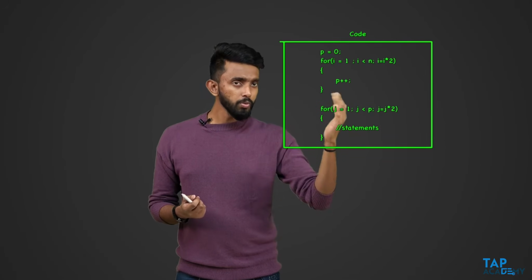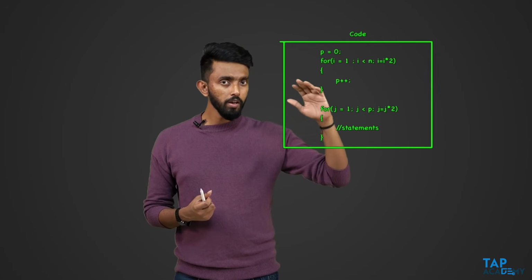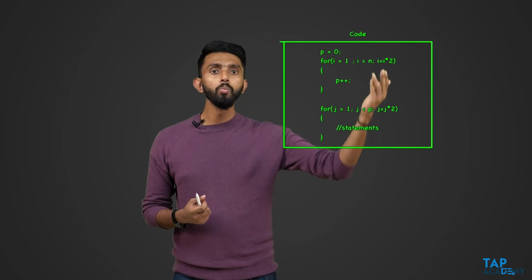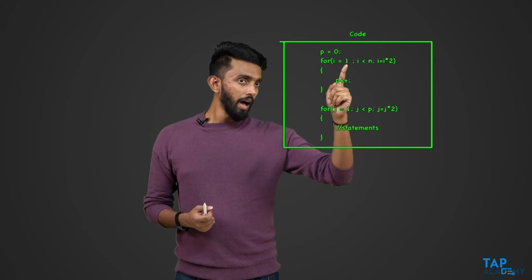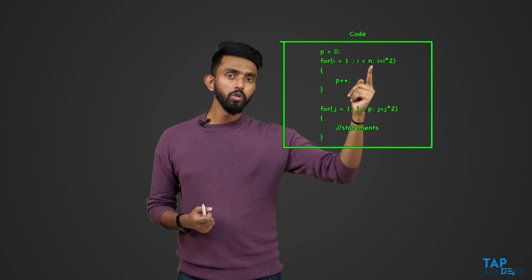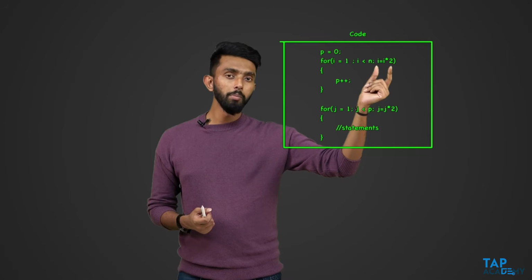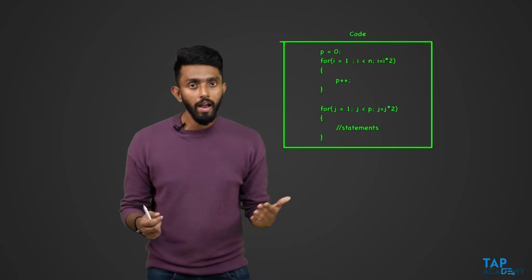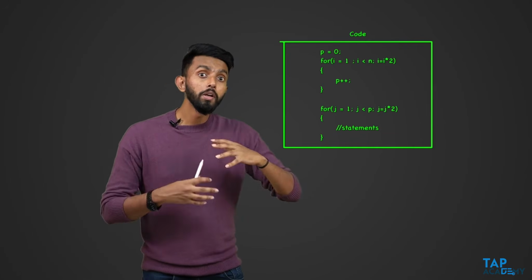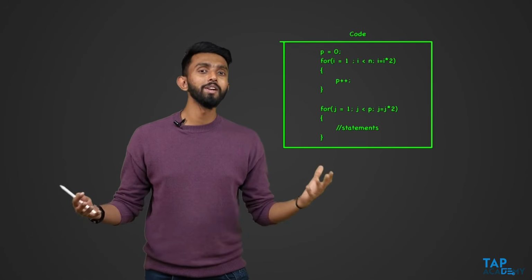Which means one way to say it is, how many times will this p value increment? It will increment as many times as this loop works. Would you agree with me? Which means, tell me, i starts from 1, i goes till n, every time it's doubling in value. Will it be n, n square, n cube, or is it going to be logarithmic? Obviously it is going to be logarithmic.